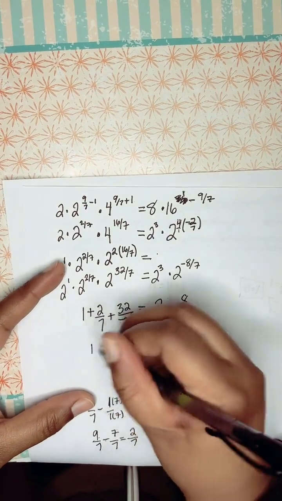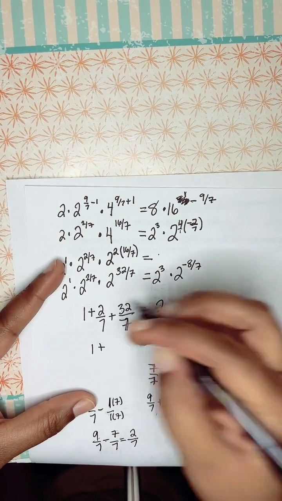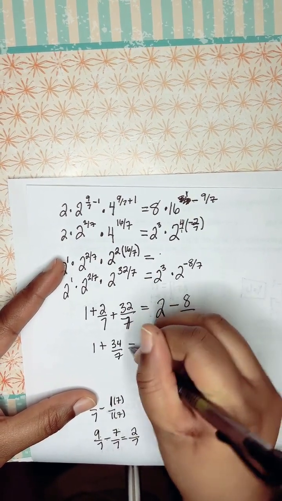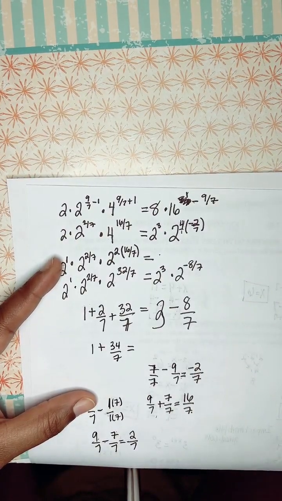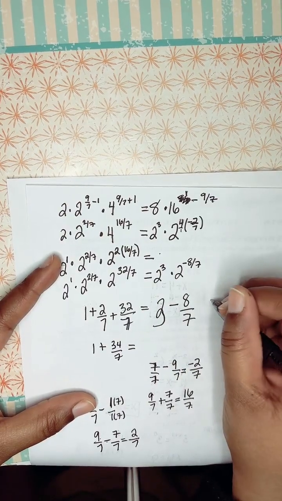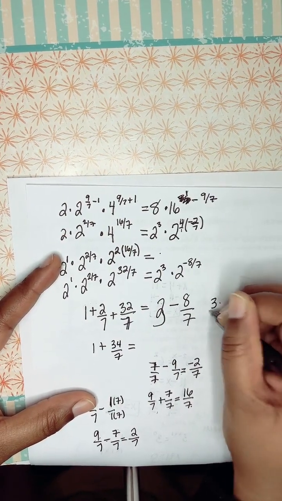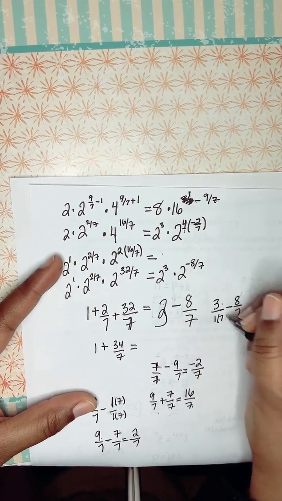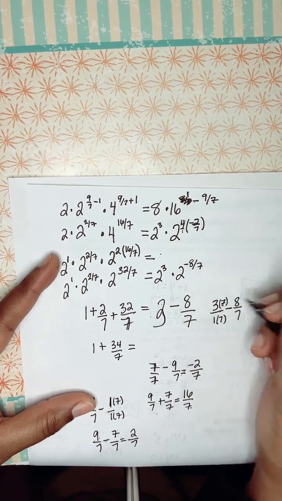Okay, so we got 1 plus 32 plus 2 gives us 34 over 7. Equal to, see, that's why I'm saying it's not going to, because this is 3 over 1 minus 8 sevenths. And then we have to times this by 7 and times this by 7, right?